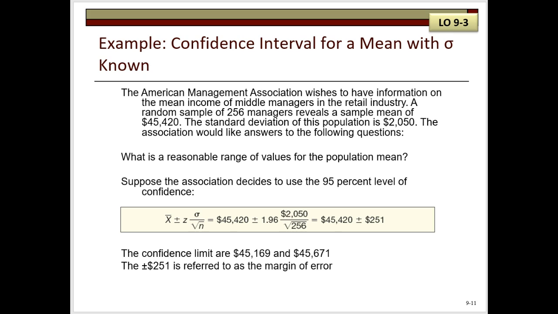We obtain the lower limit as $45,169 and the upper limit as $45,671. Based on these numbers, we can then conclude that we are 95% confident that the true mean income of middle managers in the retail industry is between $45,169 and $45,671. The margin of error of this estimate is $251.